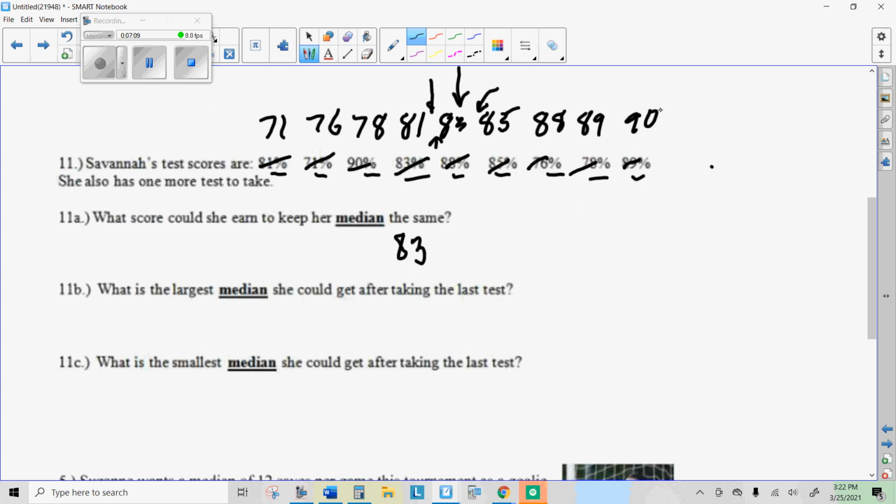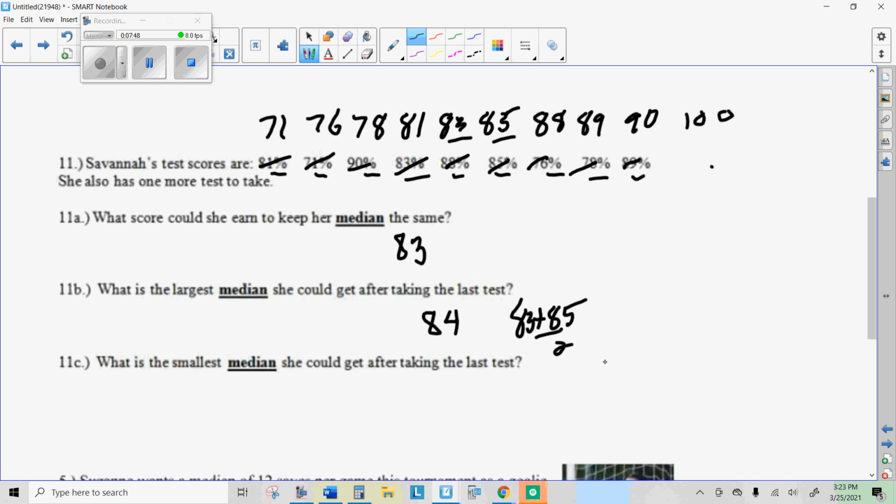Okay, well, so let's assume that her best score possible would be 100. Then if we put 100 on the end, and we can go ahead and do that. Now the middle number is these 2 numbers, and the median will now be 84 because we add 83 plus 85 together and divide by 2, which is 84.